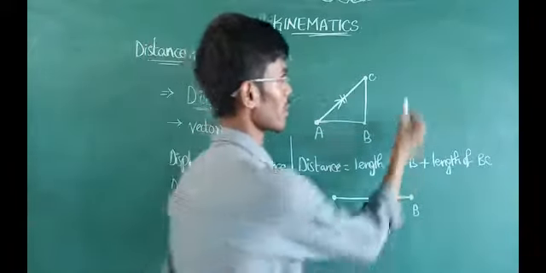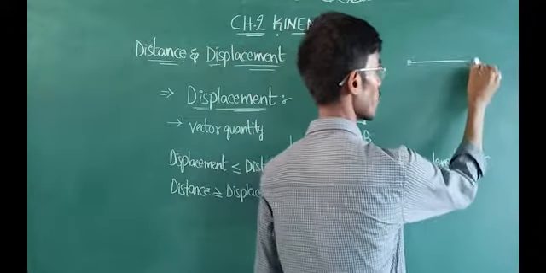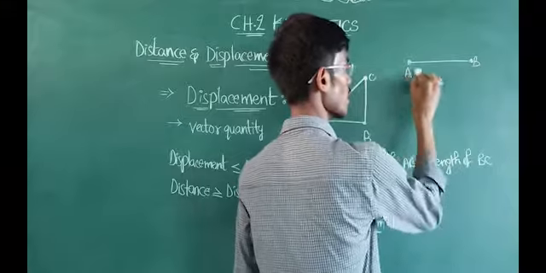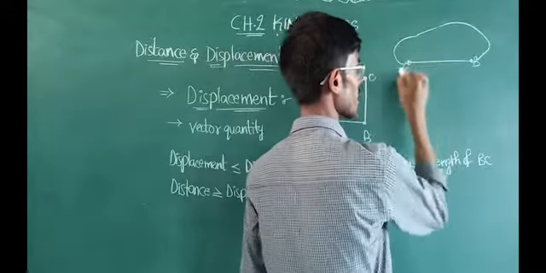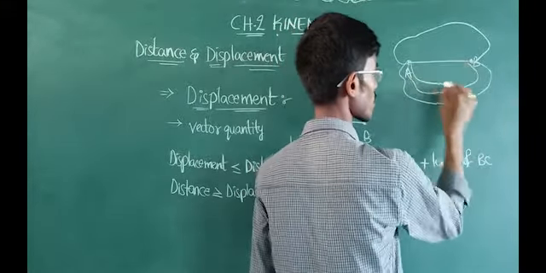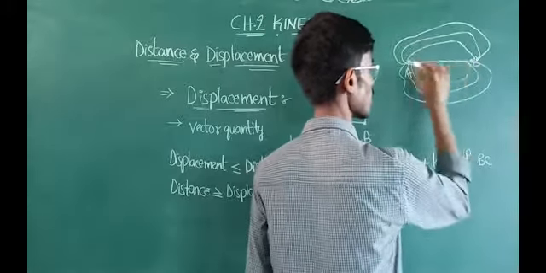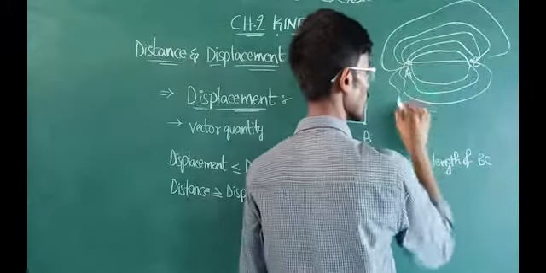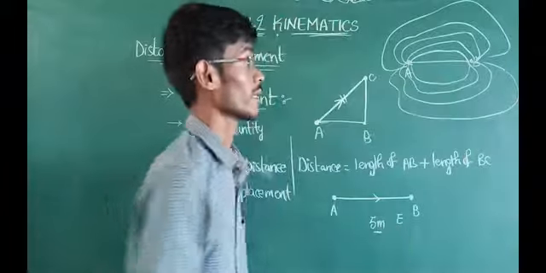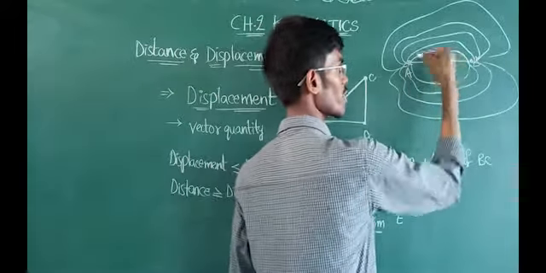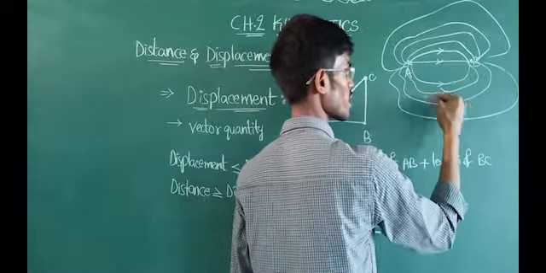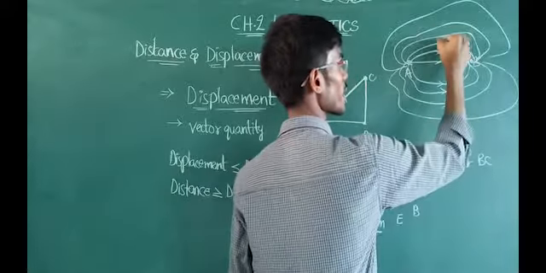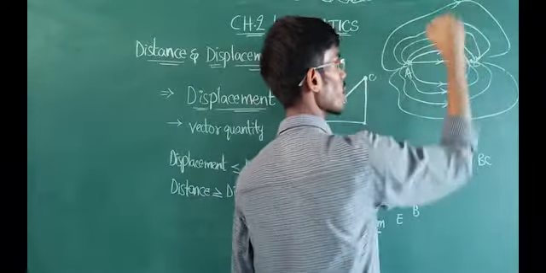See, if you observe, suppose from A to B you have n number of paths, in this way you can move, in this way, or any way you can move from A to B.